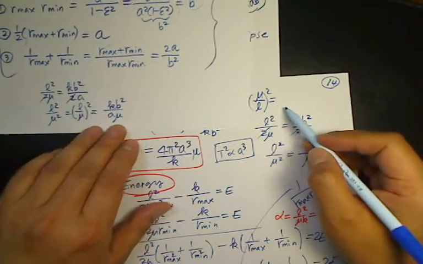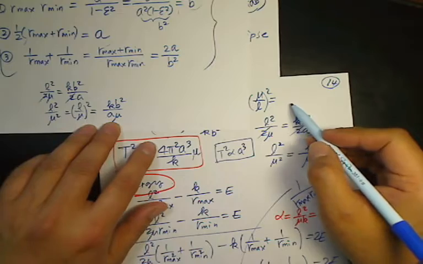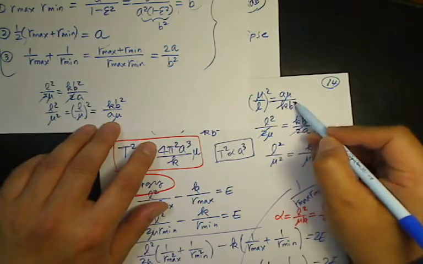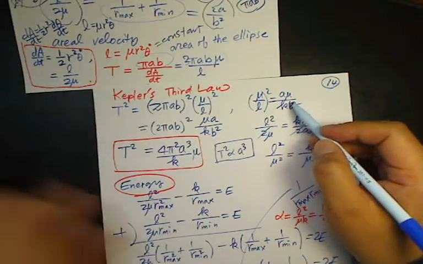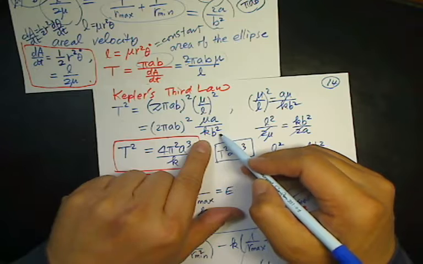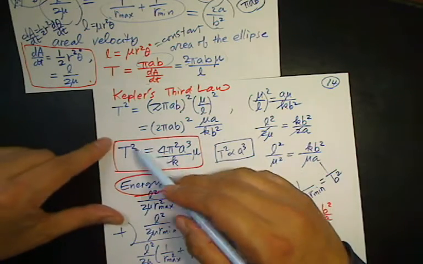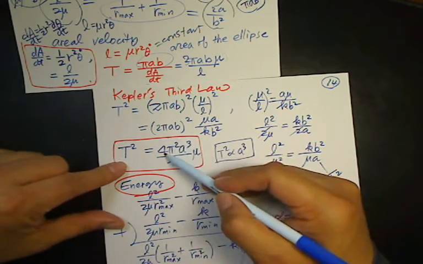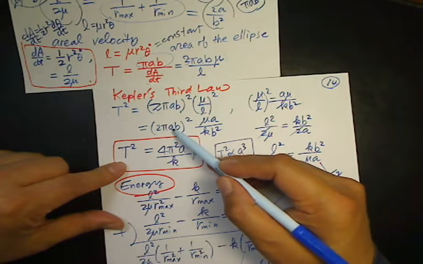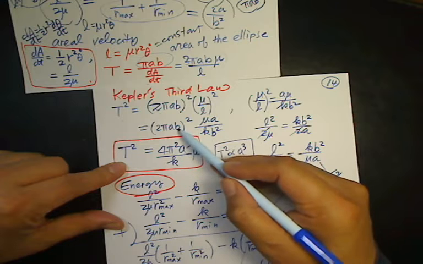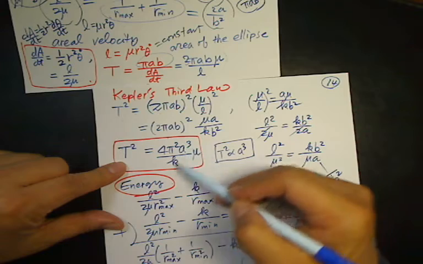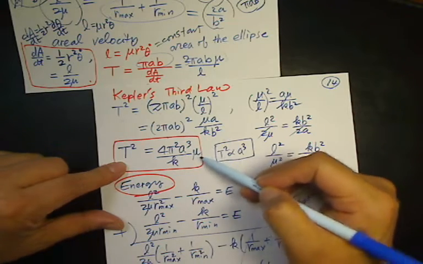According to this formula, mu over L squared is a mu over k b squared. So T squared is 4 pi squared a cubed, b squared cancels, with k in the denominator and mu in the numerator.